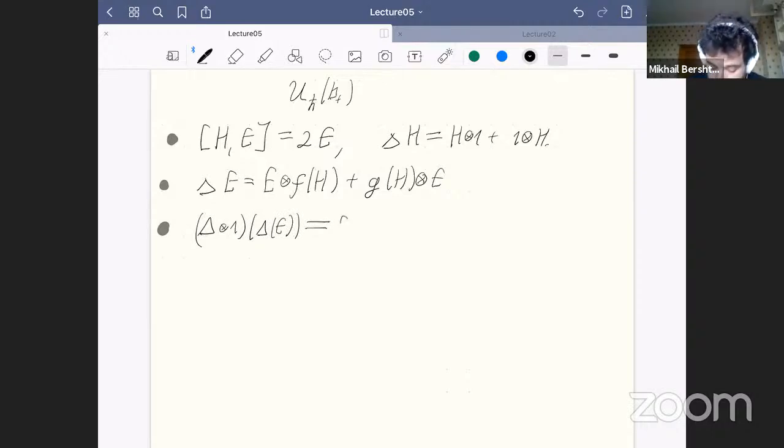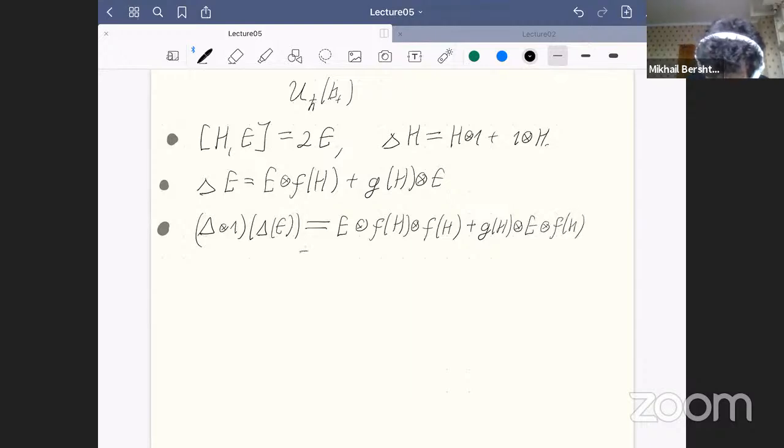We get E tensor f of h tensor f of h, plus g of h tensor E tensor h, plus delta of g of h tensor E.